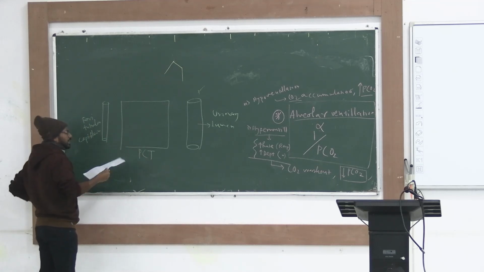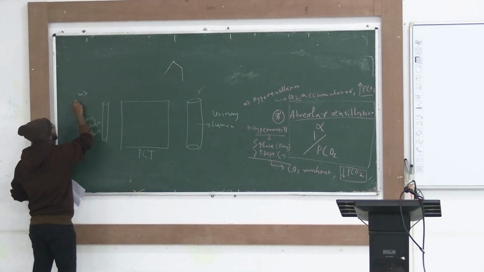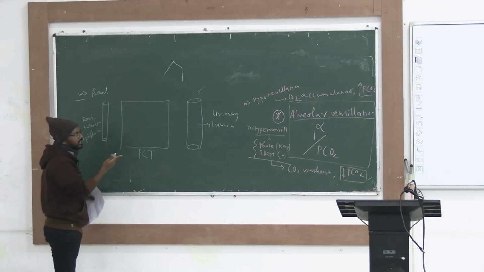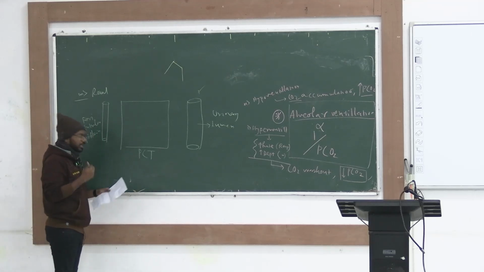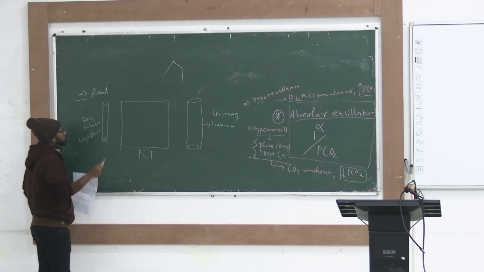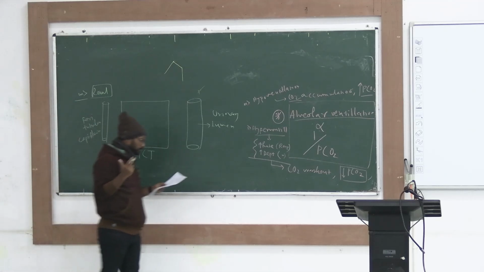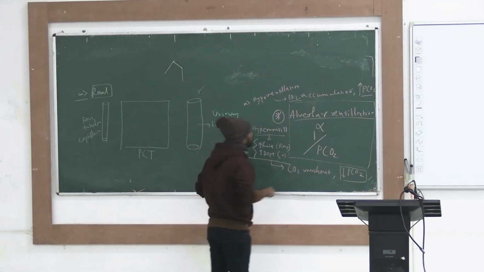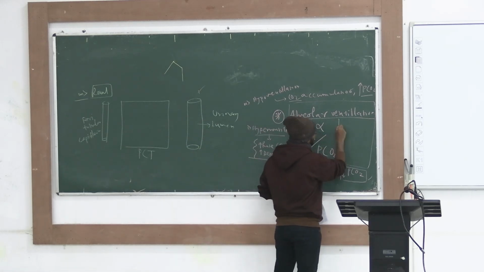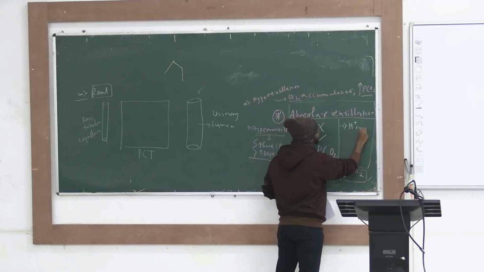So where are we entering now? We are entering the third line of pH maintenance, that is renal maintenance. We have seen alveolar maintenance. Now we'll be going into renal maintenance. How does the kidney maintain it? The kidney does this by four mechanisms. What are those mechanisms? First, hydrogen ion excretion.